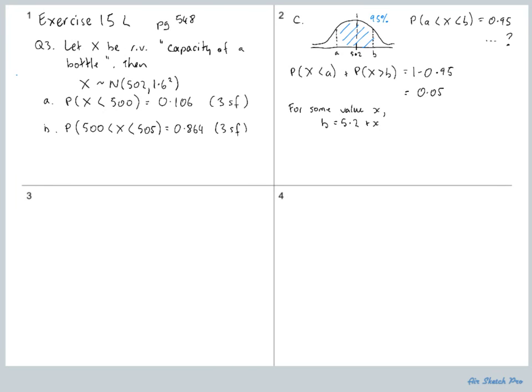I can't even read my own writing. It's a bit dodgy. 502, Richard. B must be 502 plus some value of x, a positive value. Okay? And A, being on the left of 502, and given that it's symmetrical, must be 502 minus x, because they're symmetrical.